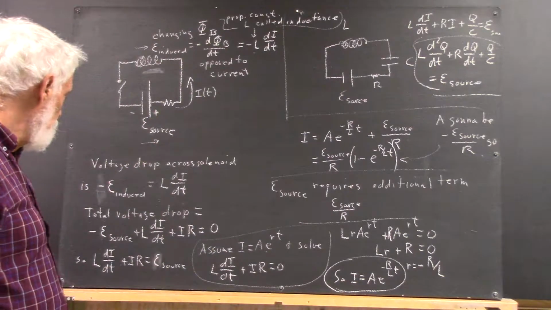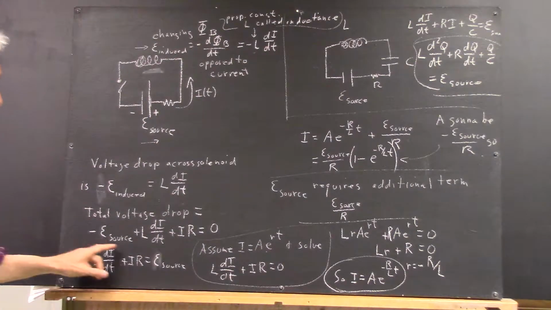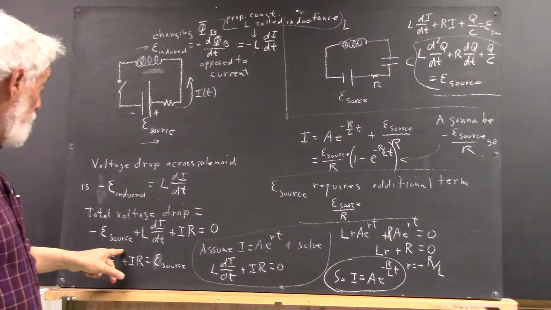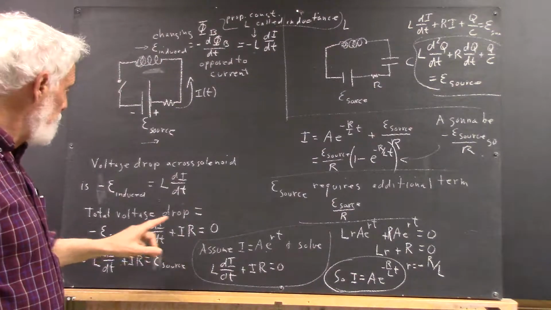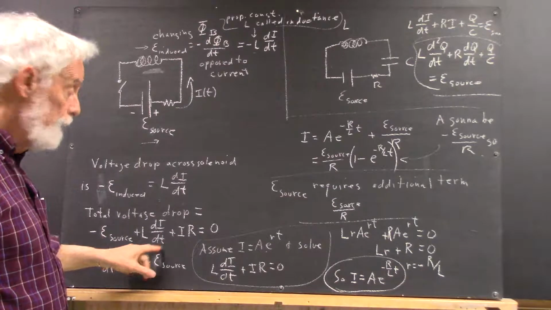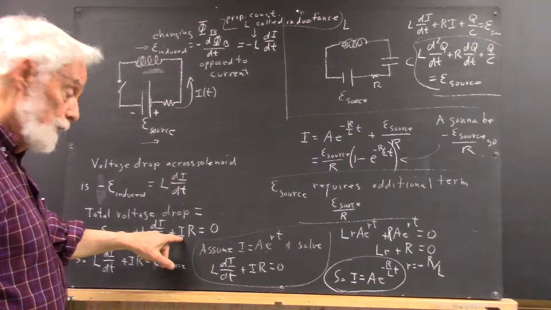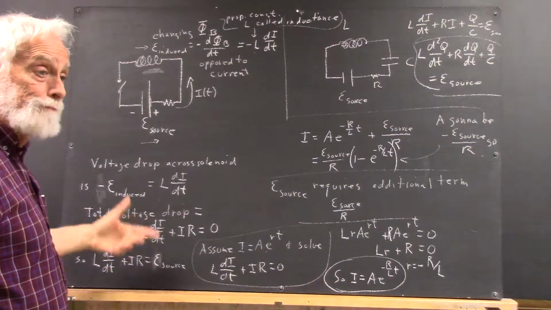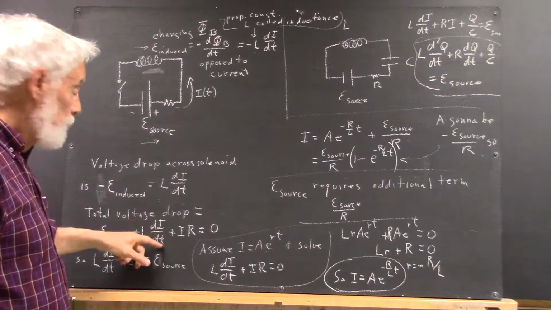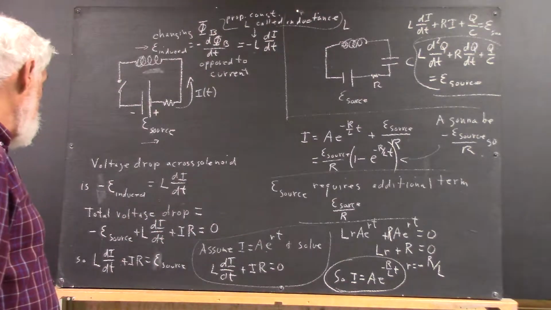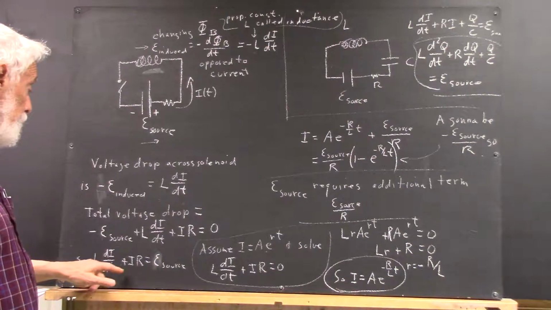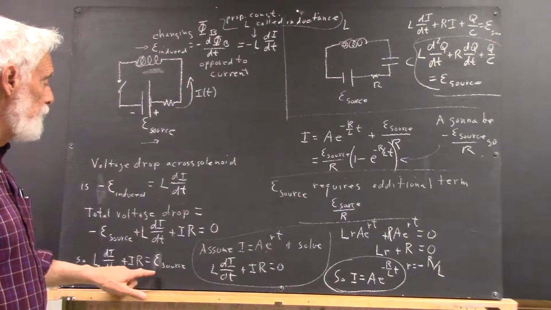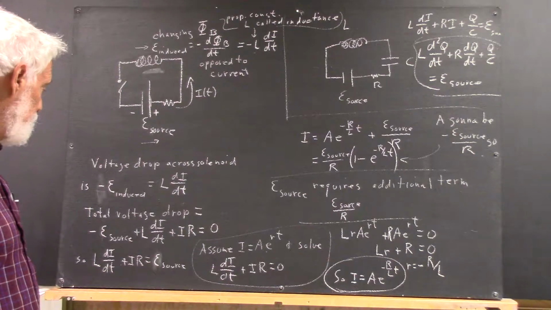So what's our total voltage drop? Negative the EMF of the source, and then you have a positive drop IR and a positive drop L di/dt, this due to the resistor and the current, this due to the inductance element and the rate of change of the current. So now we have an equation: L di/dt plus IR equals the EMF of the source.